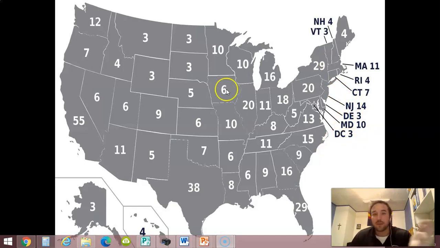Those can be big states. Wyoming, Montana, Alaska, the biggest state. But again, every state gets 2 senators. The House of Representatives is dependent completely on state population. So even though Alaska, Montana, Wyoming are big, not a lot of people live there. That's why they only get 3.